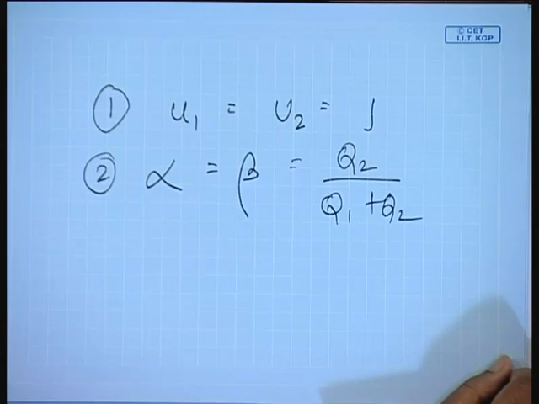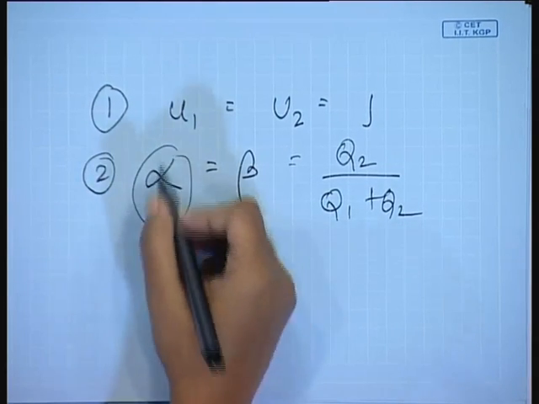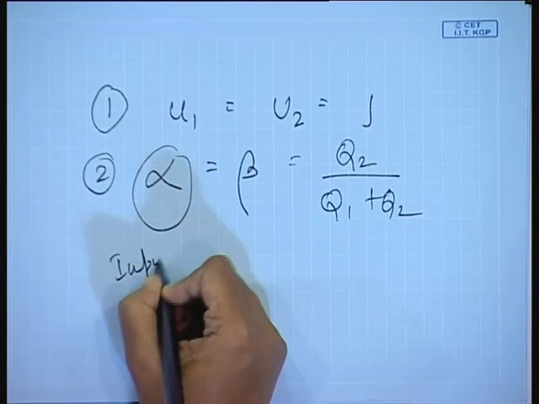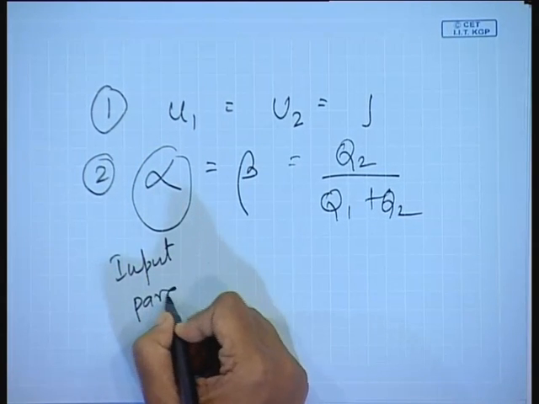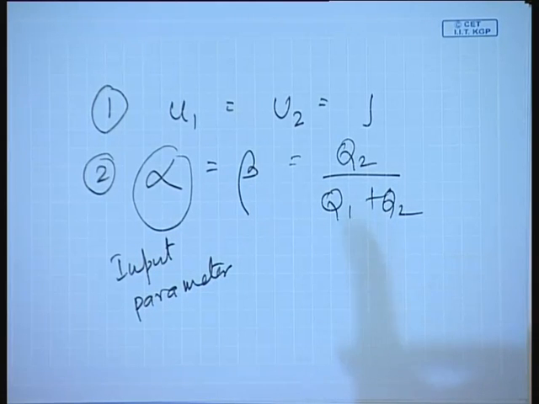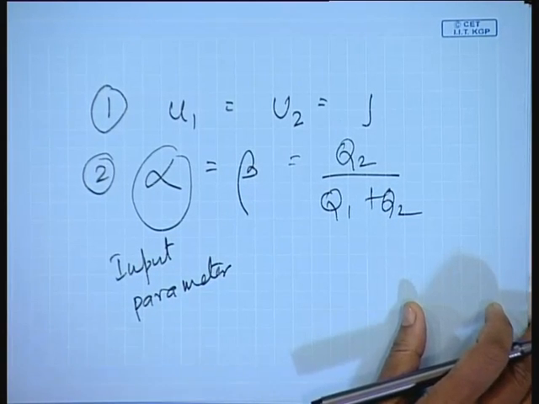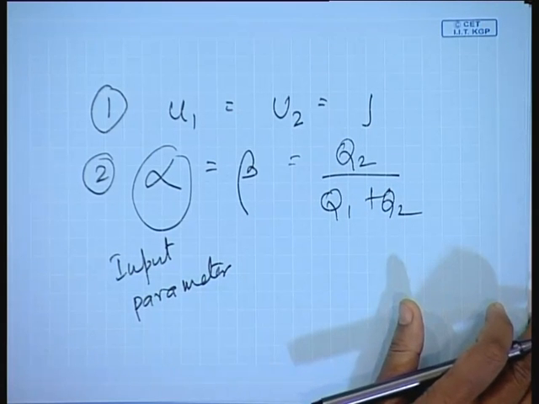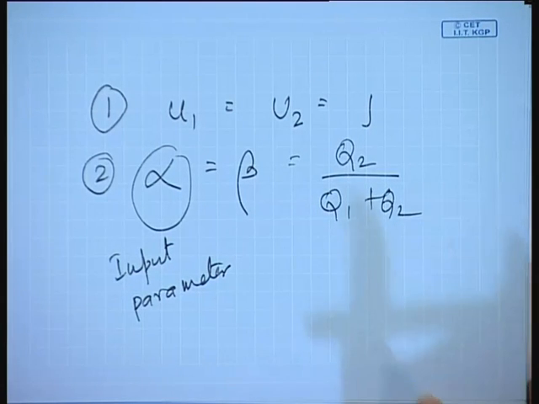This implies that under these circumstances alpha becomes a measurable input parameter. If we know the flow rates of the two phases, which is very easy, you just have two rotameters or any flow meter, you can find out the inlet flow rates. The moment you know the inlet flow rates, we can find out alpha.